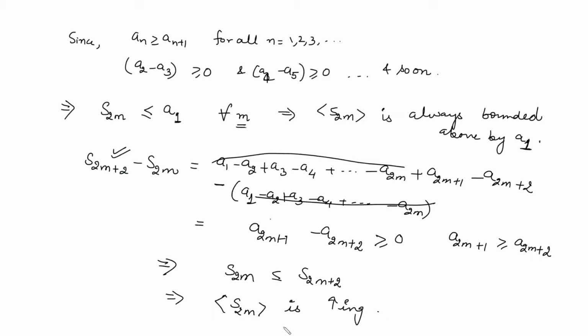So we have a sequence of partial sums which is increasing and bounded above by the number a1. We can apply the non-decreasing sequence theorem and say that this sequence is convergent.